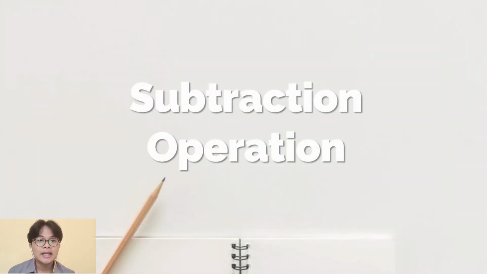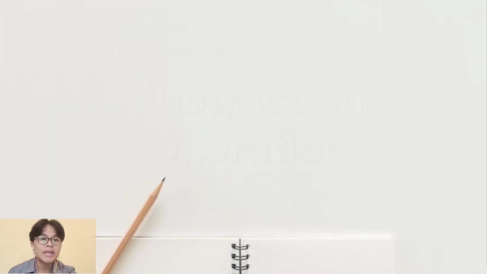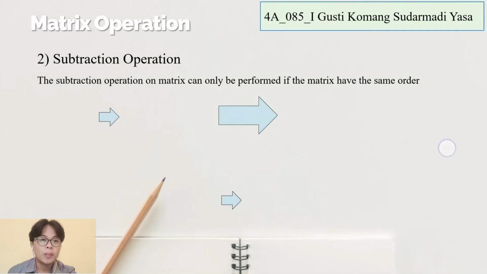Next, the second operation is the subtraction operation. Same as the addition operation, the subtraction operation on matrices can only be performed if the matrices have the same order.